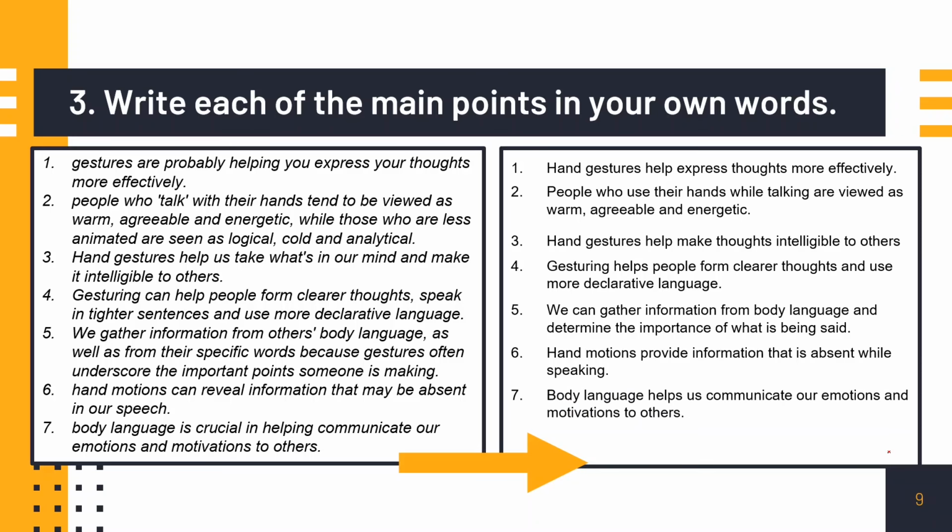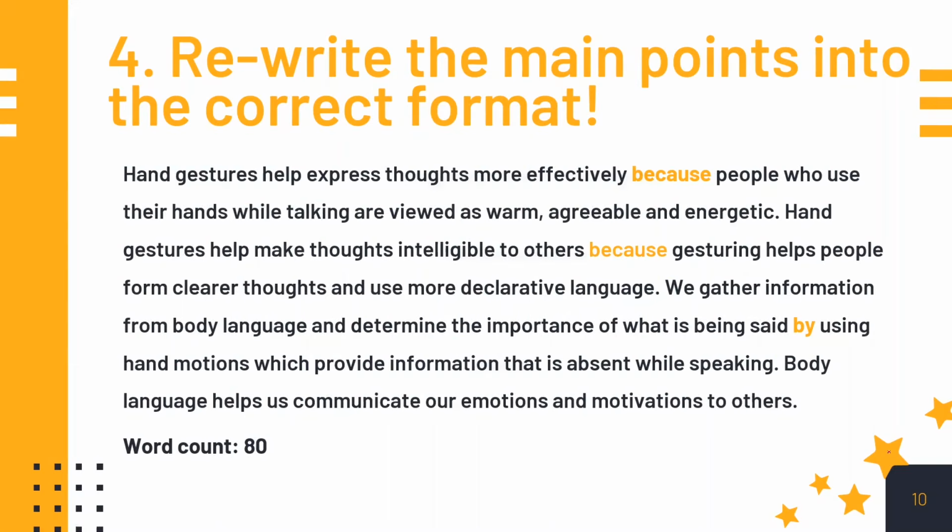This can be said as, body language helps us communicate our emotions and motivations to others. Now that we've changed the main points into our own words, we can begin to rewrite it into the required format. In this case, the correct format would be paragraph format.